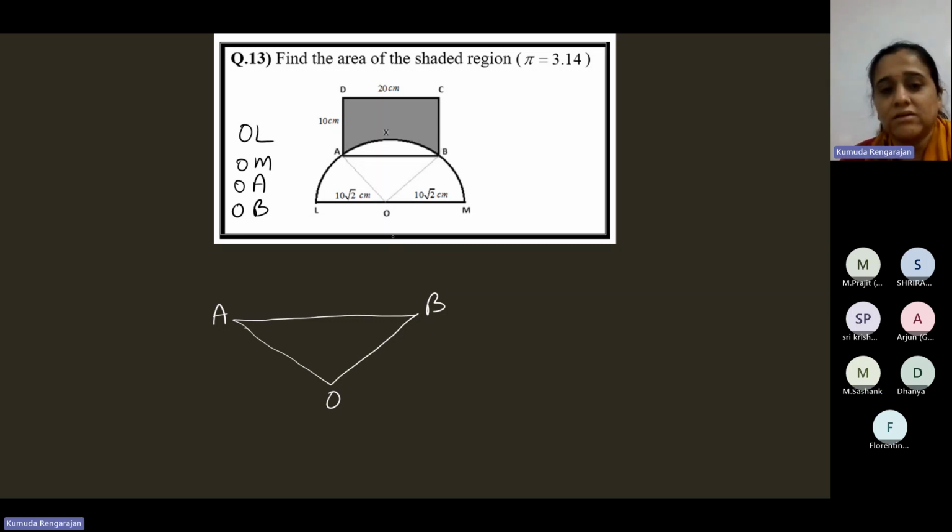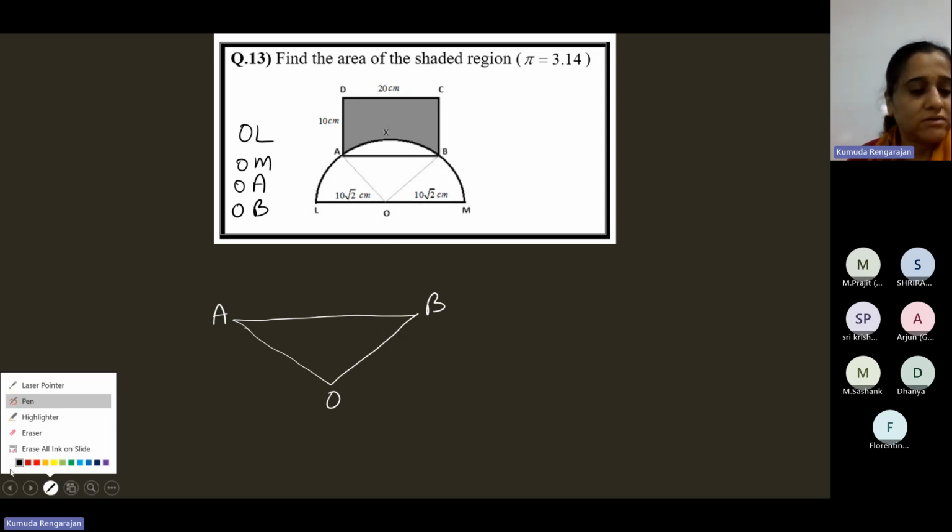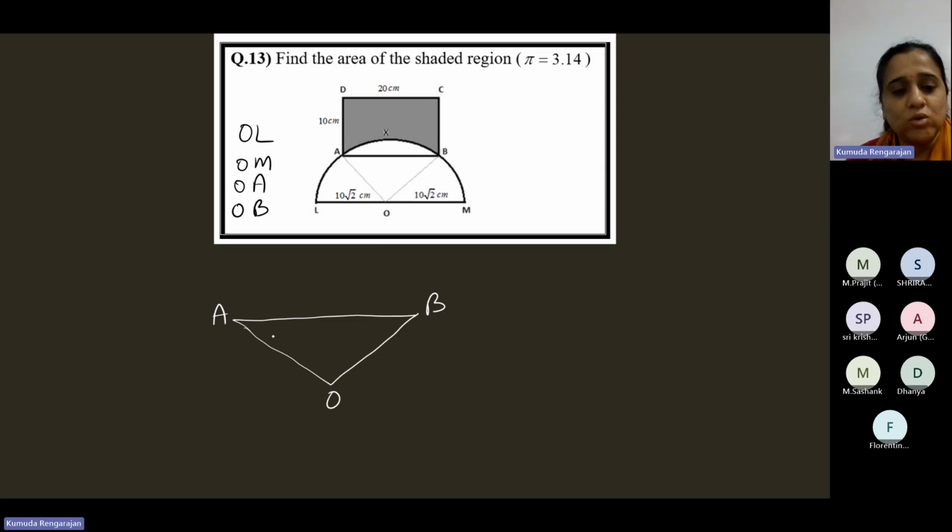We have to find it. OL, OA, OB, OM are all radii, correct? So that means OA is 10√2, and OB is also 10√2.